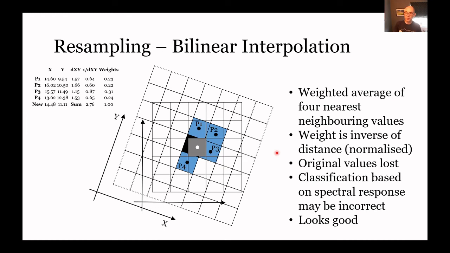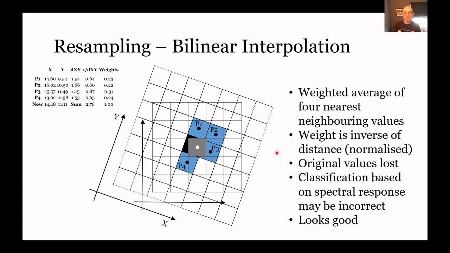We don't have this blocky problem as much, but all of the original values that we have are lost. So if we were talking about GIS data here, classed discrete data, this is not appropriate. Nearest neighbor is the most appropriate. For classed data, discrete data, bilinear interpolation will not work. You will by necessity be changing the values, thereby creating non-existent classes somewhere between two classes that you actually have in your map and your data.